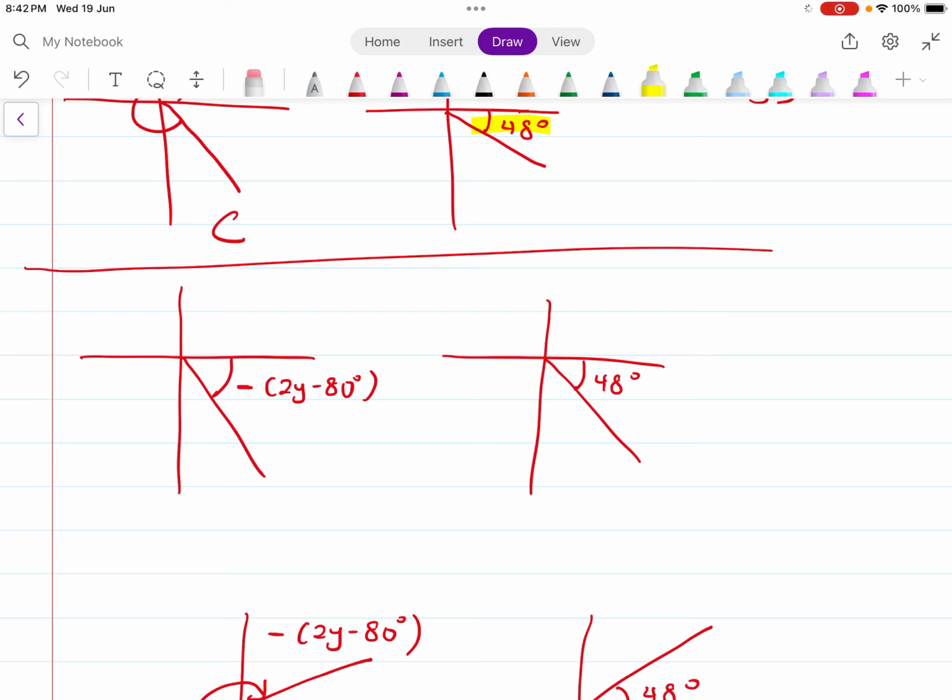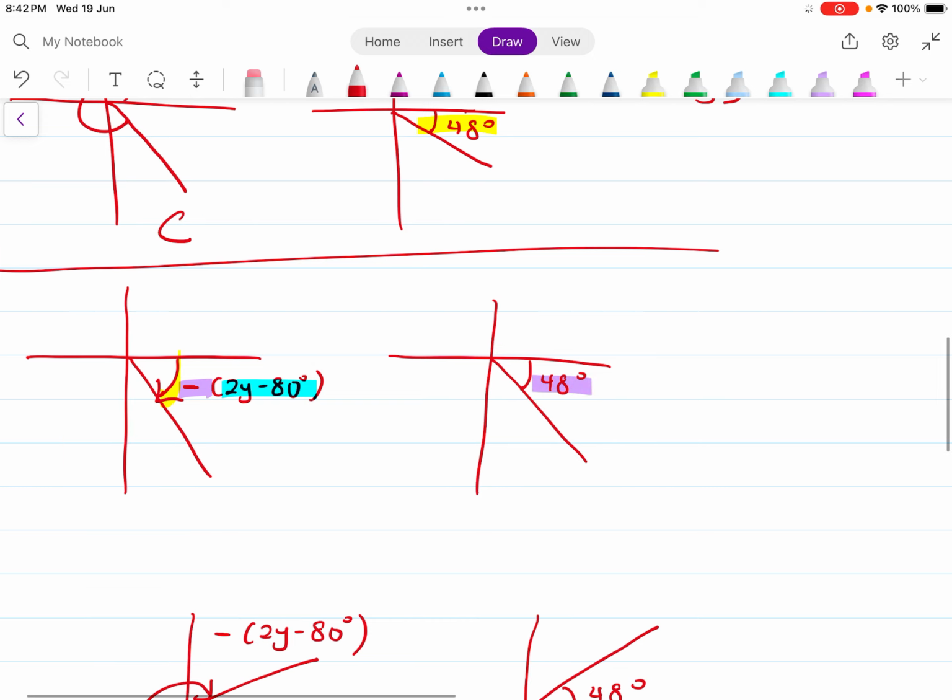When you rotate in the opposite direction, I want the C territory. So you write the angle 2y minus 80 first, then outside the 2y minus 80 you put a negative. The basic angle 48 you don't change, because for basic angle, always make it positive.